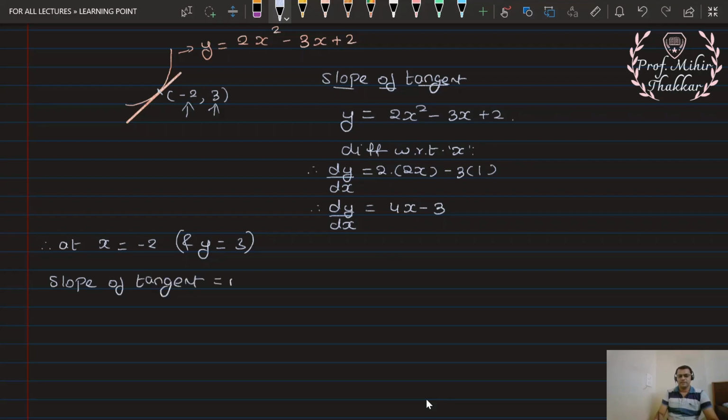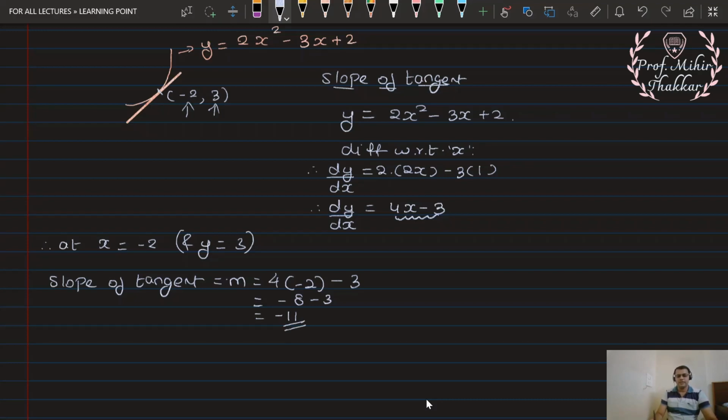If I represent this by m, then I can say that m is equal to 4 into minus 2 minus 3. We are using this equation over here for substitution. So I get minus 8 minus 3, which is equal to minus 11. So that becomes the slope of the tangent.